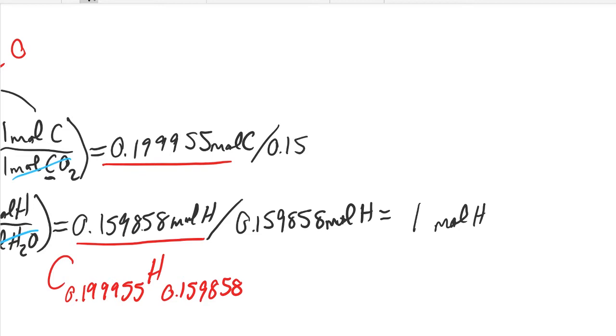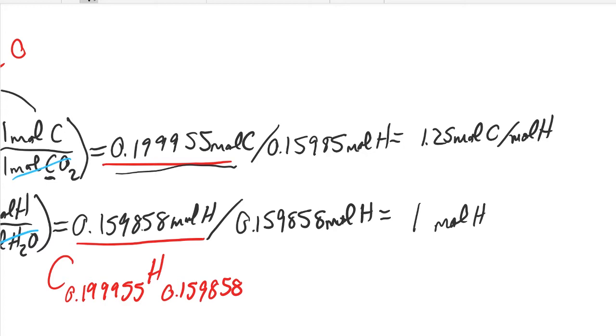We would take the moles of carbon and divide that by the 0.15985 moles of hydrogen. And we would find that we've got a ratio of 1.25 moles of carbon for every 1 mole of hydrogen.